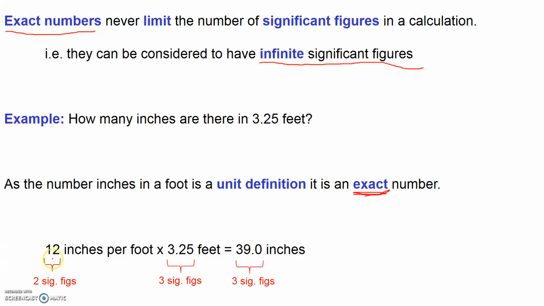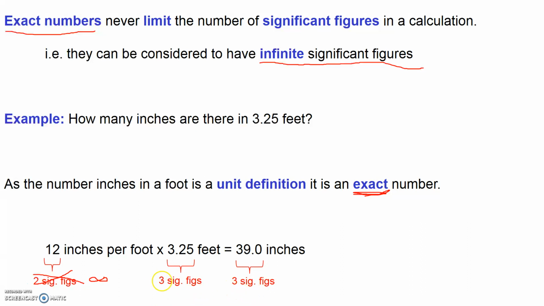The number of inches in a foot is a unit definition, and therefore it is an exact number. So when I do this math of 12 inches per foot times 3.25 feet, the 12 doesn't have two significant figures. It is considered as having infinity significant figures because it is an exact number.